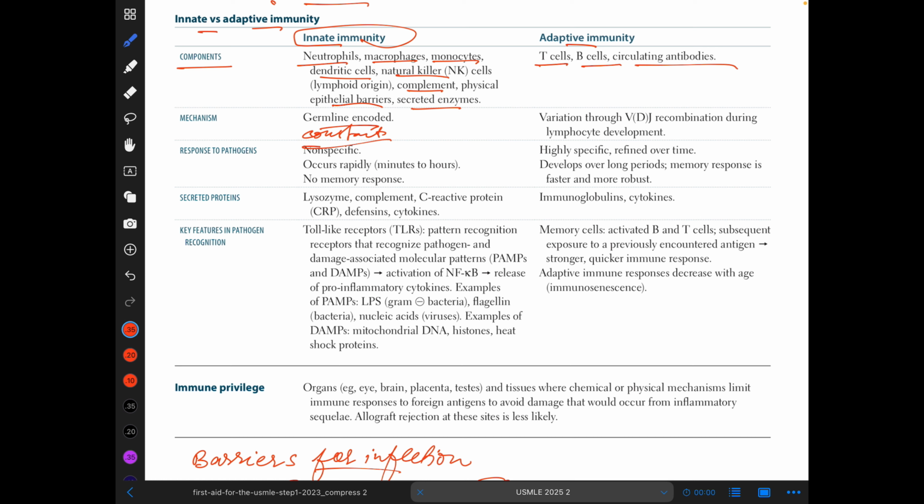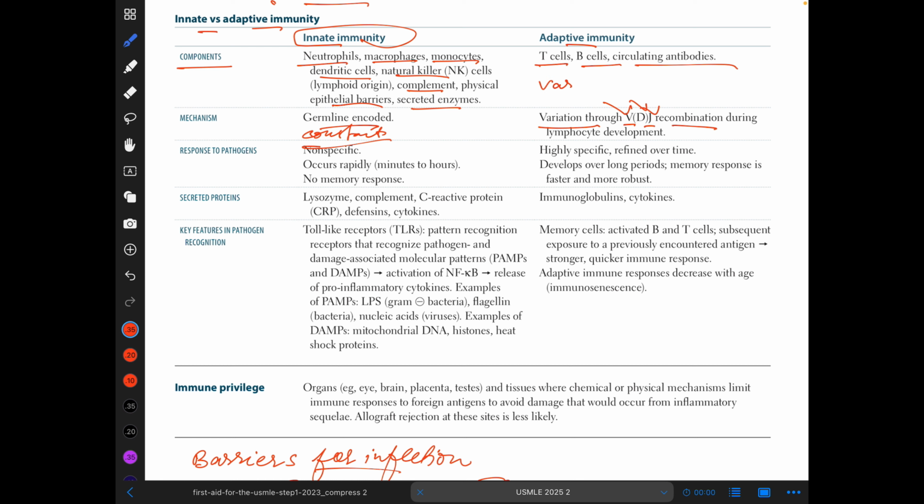But in adaptive immunity there is variation through VDJ recombination during lymphocyte development. It's a crucial process in the adaptive immune system where developing lymphocytes like B and T cells randomly assemble different gene segments to create unique antigen receptor genes.